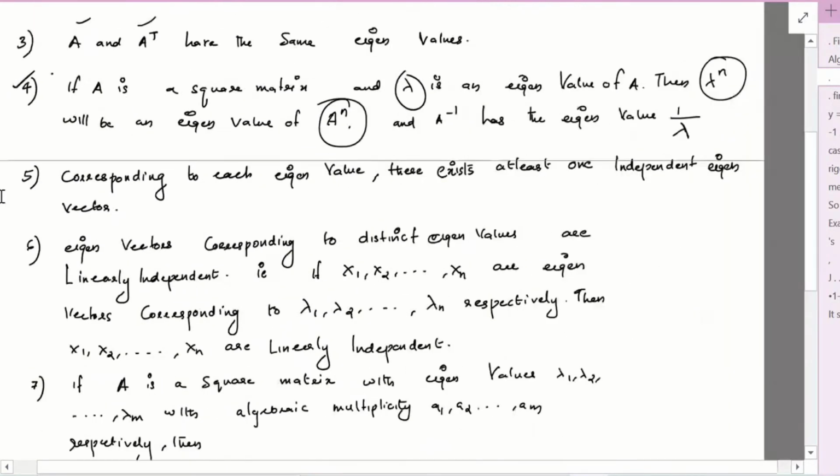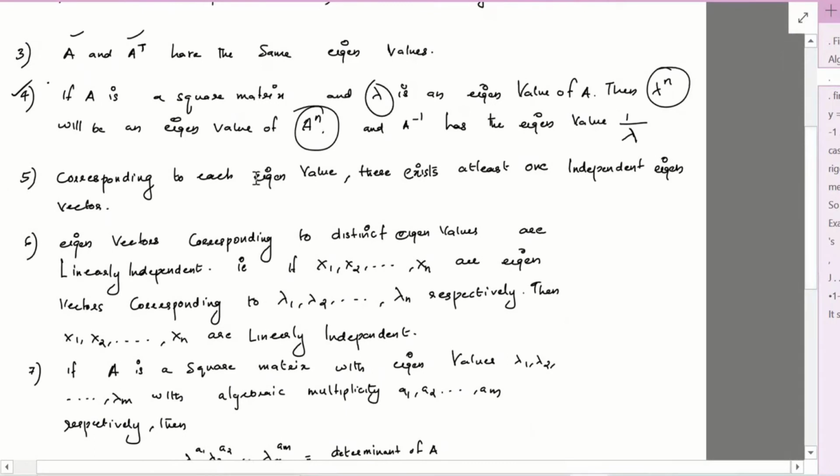The next property is that corresponding to each eigenvalue, there exists at least one independent eigenvector. And the sixth property: the eigenvectors corresponding to distinct eigenvalues are linearly independent. If x1, x2, up to xn are eigenvectors corresponding to lambda 1, lambda 2, up to lambda n, then these vectors are linearly independent.